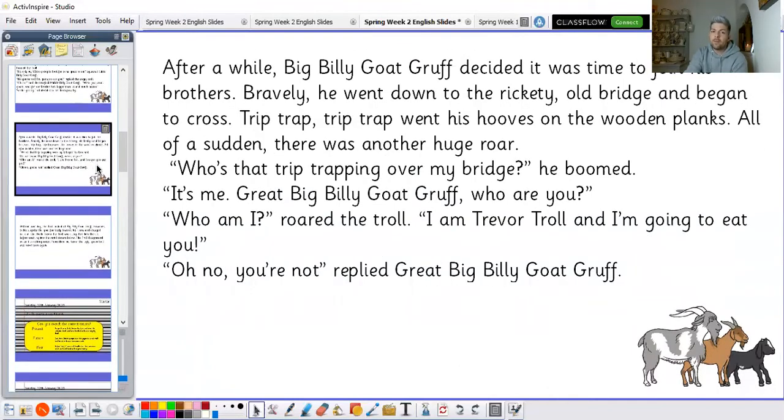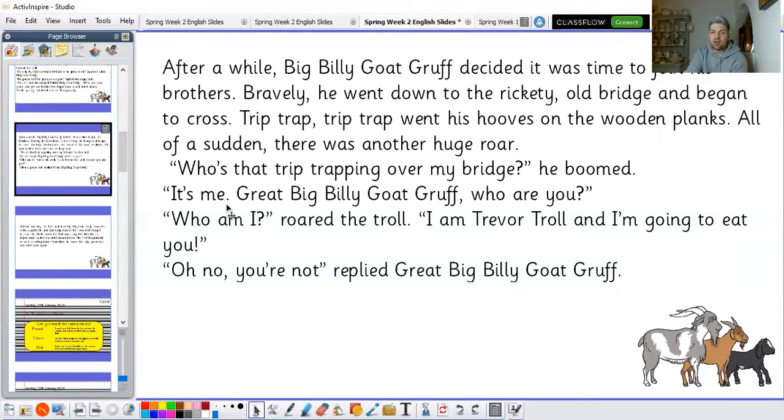After a while, big Billy Goat Gruff decided it was time to join his brothers. Bravely, he went down to the rickety old bridge and began to cross. Trip, trap, went his hooves on the wooden planks. All of a sudden, there was another huge roar.